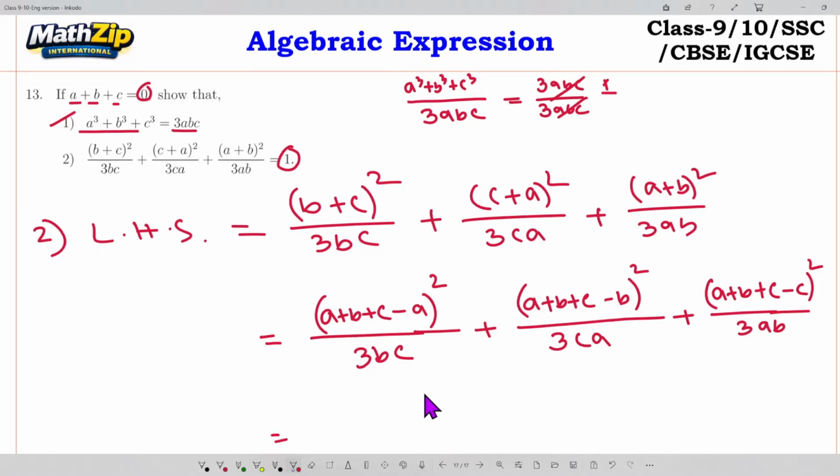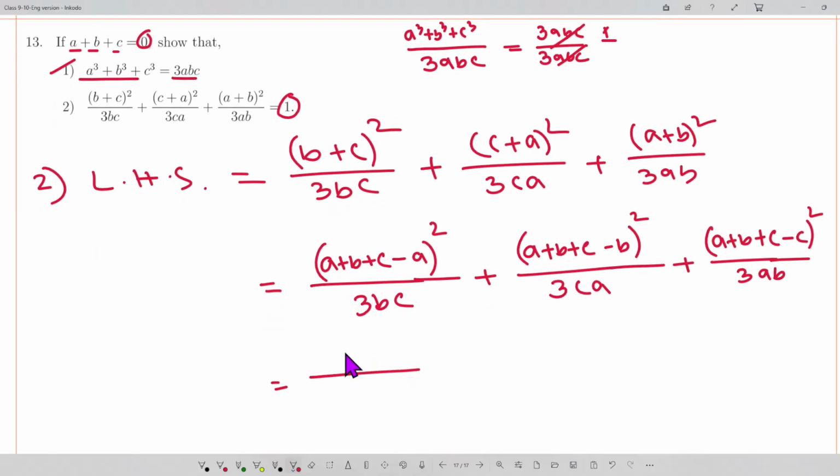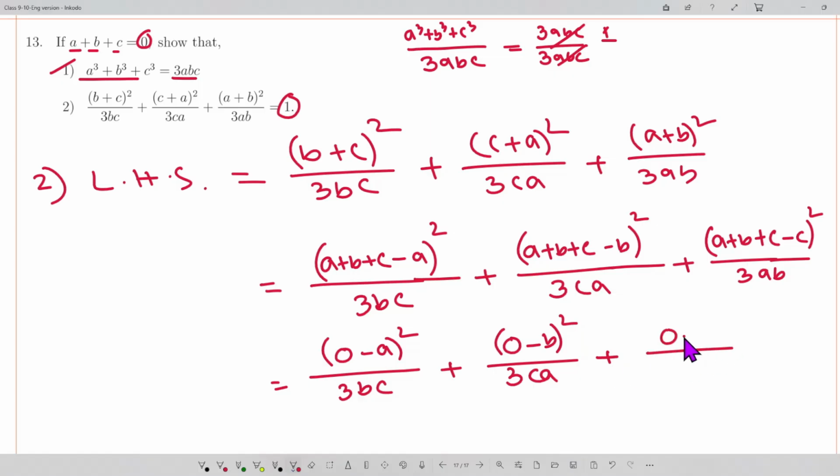So we can write like this way, (0 minus a) square over 3bc plus (0 minus b) square over 3ca plus (0 minus c) square over 3ab.